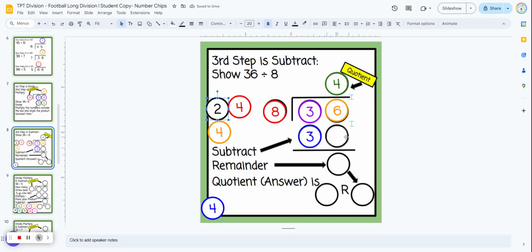Now the next step is to subtract. So we're going to take 36, subtract 32, and we'll give 4. And then we just follow the arrow. 4 is our remainder, because 4 is smaller than 8. And so we get our answer, our quotient of 4, remainder 4.